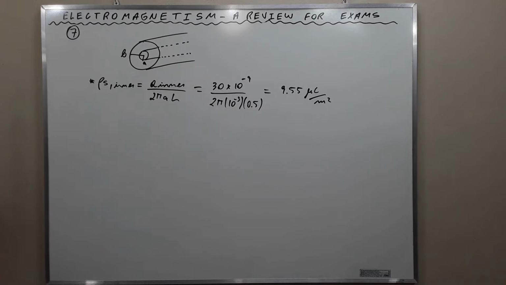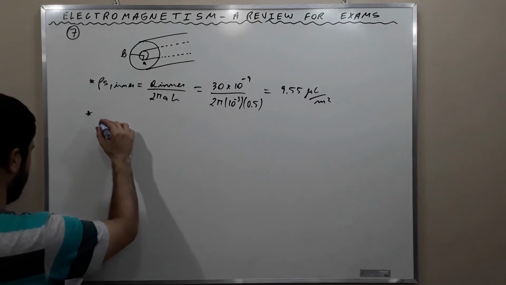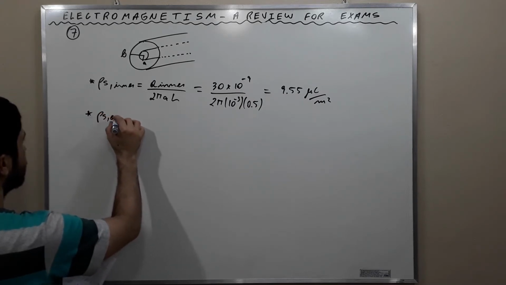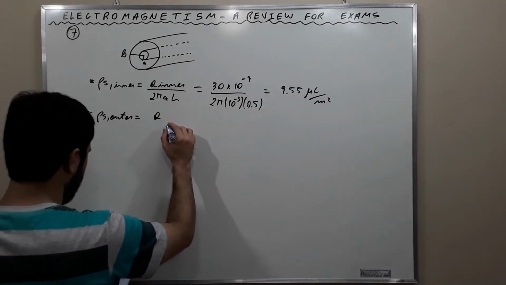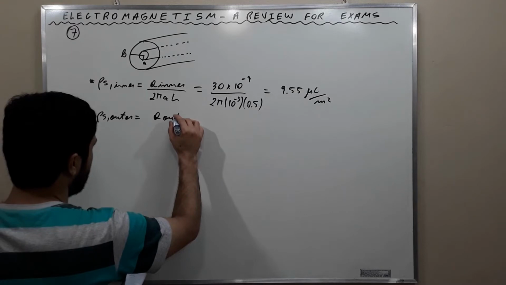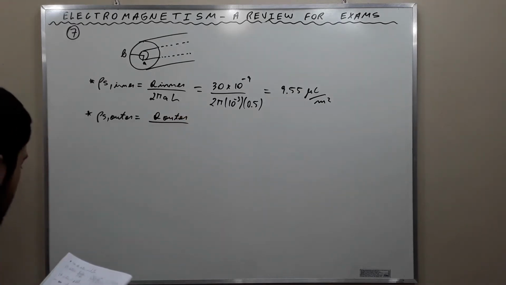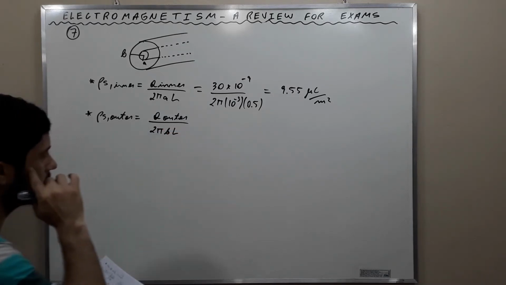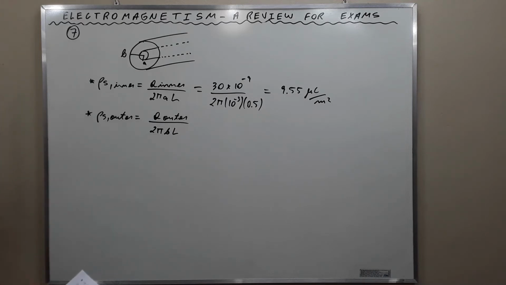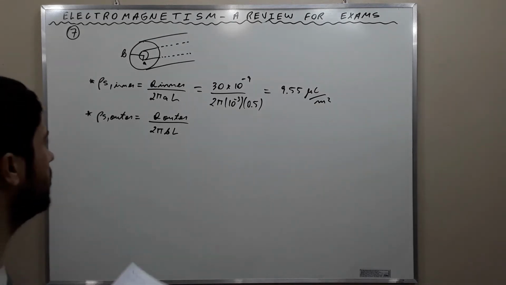Let's calculate the same for the outer conductor. We compute the charge on the surface of the outer conductor and we divide by 2 pi b L. The exercise said that b is 4 millimeters and L is the same, 50 centimeters.